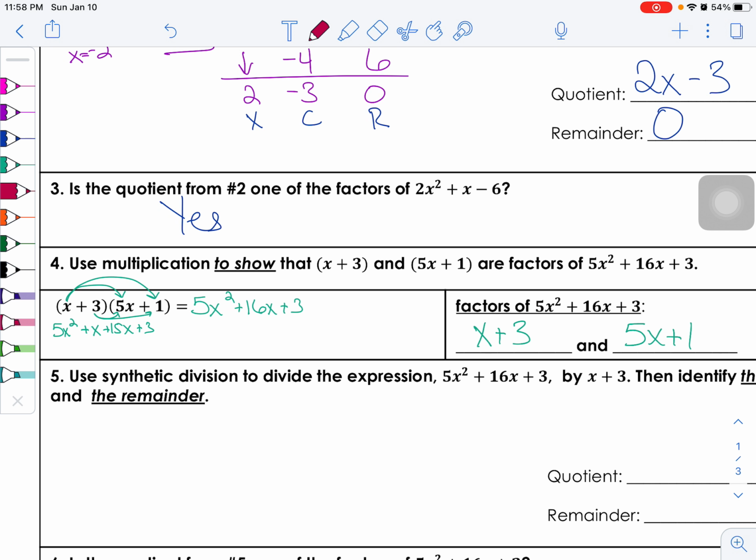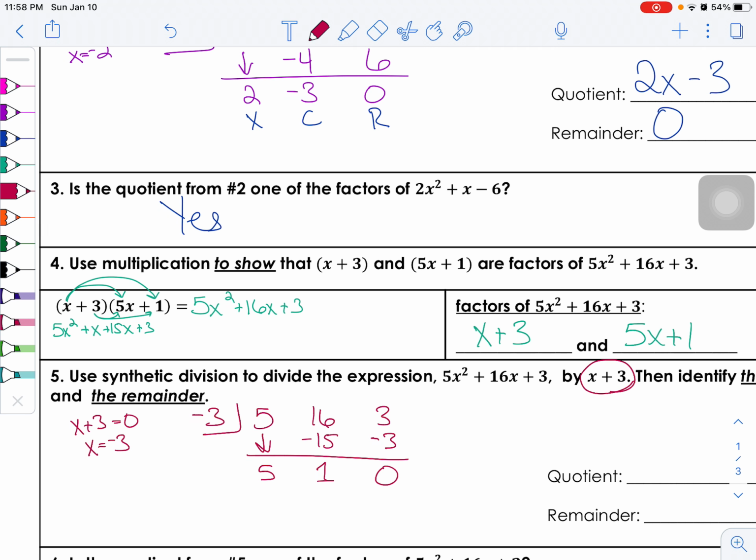All right. So problem number 5: use synthetic division to divide the expression by x plus 3. So we're taking x plus 3, setting it equal to 0, which means we want to work with x equal to negative 3. Coefficients only, so 5, 16, and 3. Drop the 5.